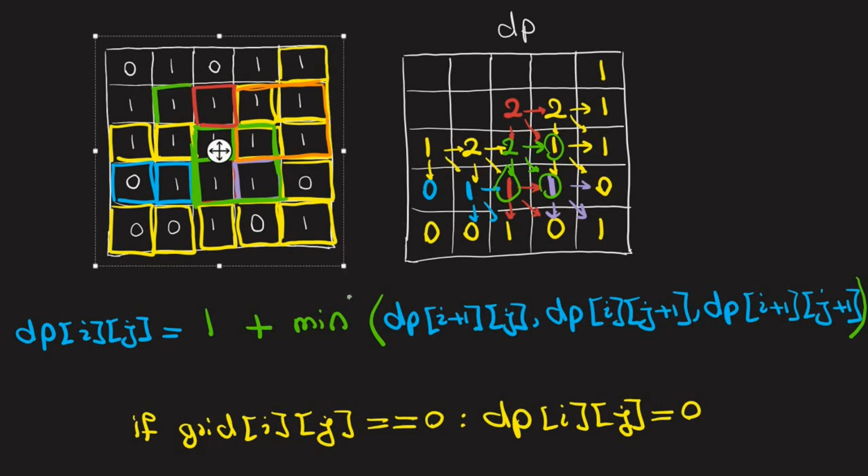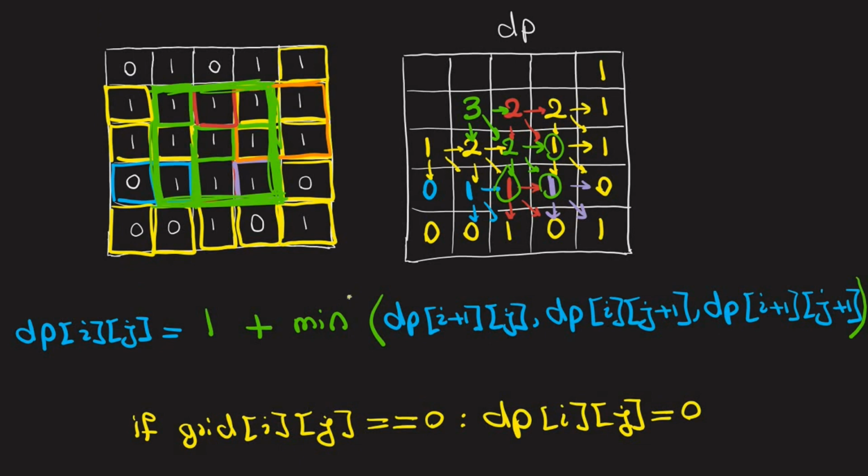Now for this cell, so right is 2, diagonal is 2, down is 2, so minimum is 2 plus 1 is 3. And that's true because now I can have this giant square as my result. Okay, let's continue for the other one.